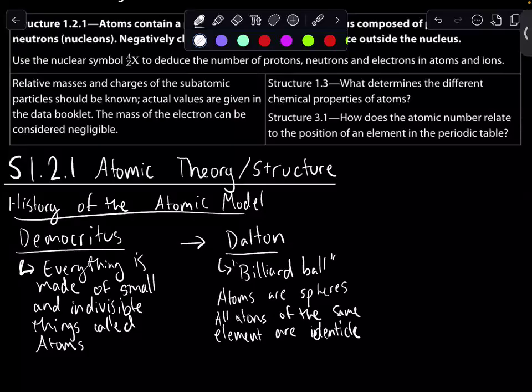While they're pretty identical in properties, they're not technically exactly identical. He also said they combine in fixed ratios. Like if you think about H2O, that's a fixed ratio of two H's to one O.